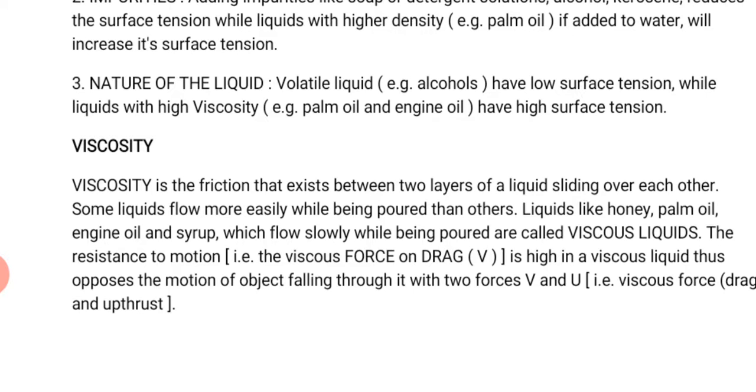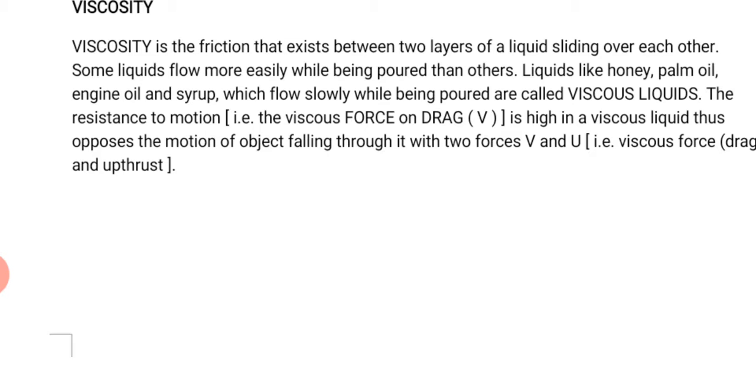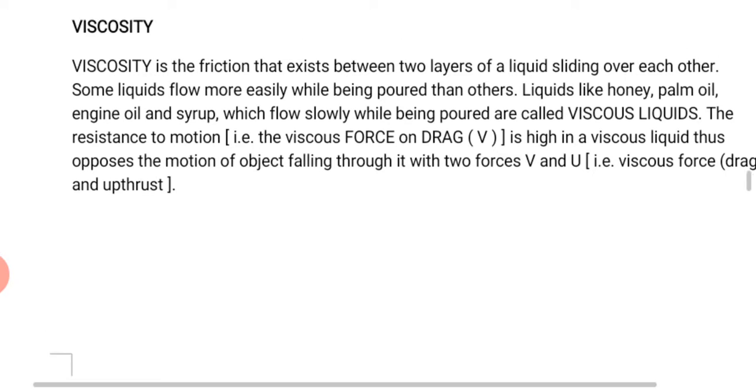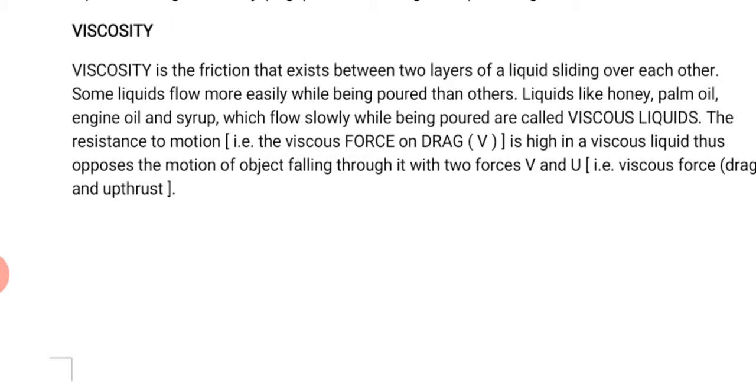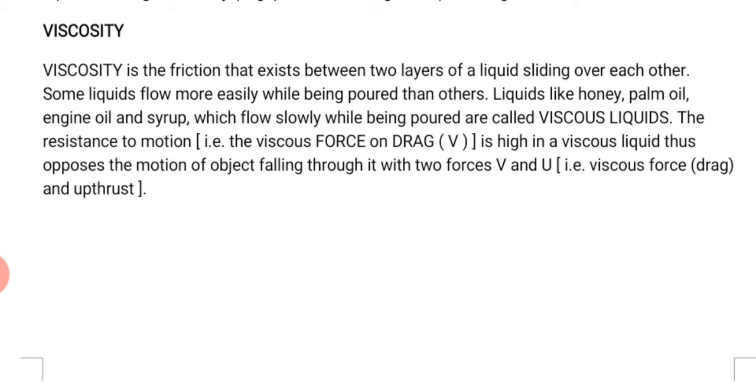What do we understand by viscosity? Viscosity is the friction that exists between two layers of a liquid sliding over each other. Some liquids flow more easily while being poured than others.